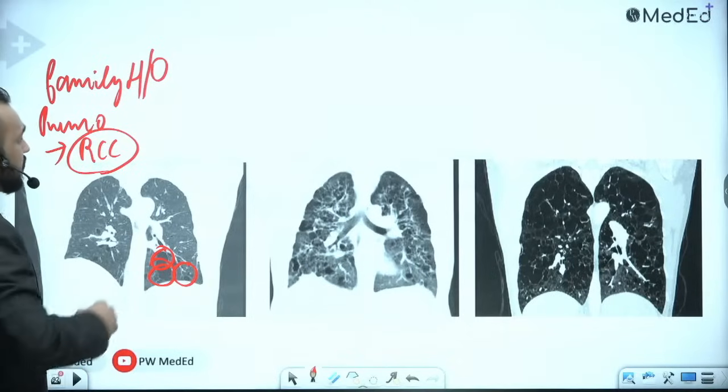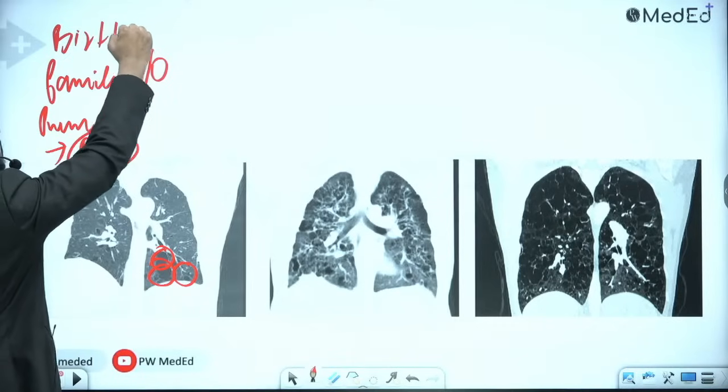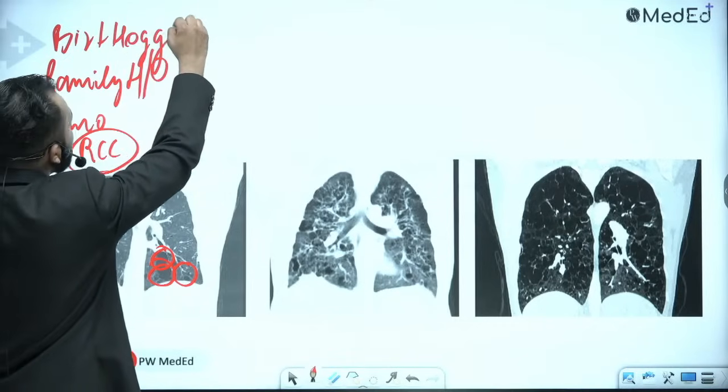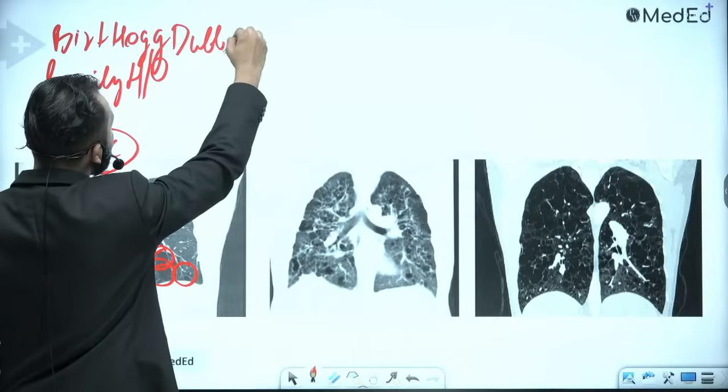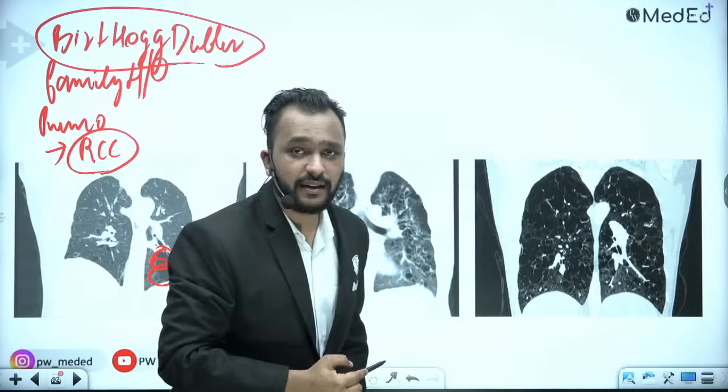This is a case of Birt-Hogg-Dube syndrome. Just remember that in Birt-Hogg-Dube syndrome you will see lung cysts which are predominantly located in the lower part of the lung.